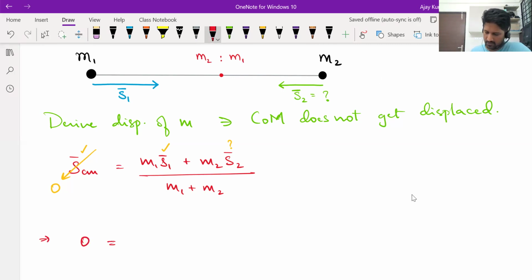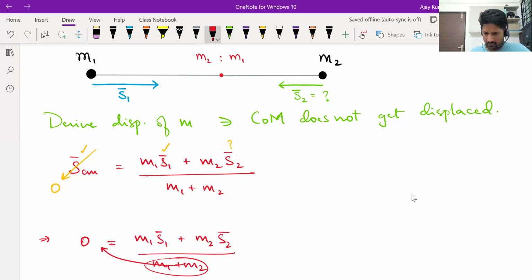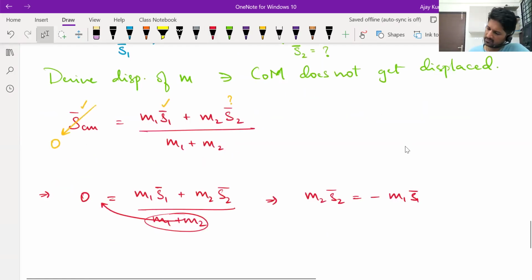Fine. You get 0 is equal to M1S1 plus M2S2 by M1 plus M2. So you can send the M1 plus M2 this side, it will get multiplied and become 0. That means M2S2 is negative of M1S1. That's all.